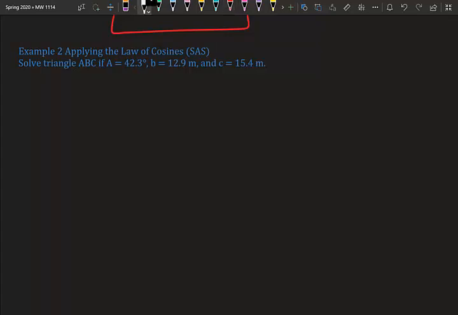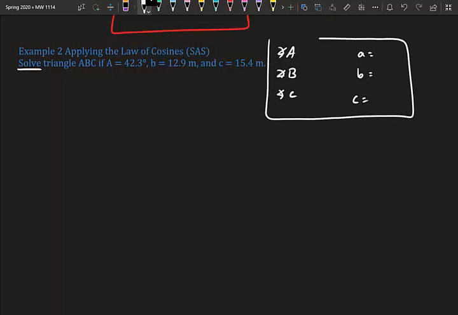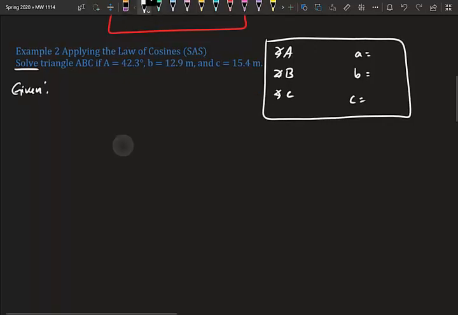So since we're trying to solve that triangle, we need to find angle A, angle B, angle C, side A, side B, and side C. So that's what we need to find and have to solve this triangle. All right, let's figure out what we already have right now. So we are given angle A, which is 42.3 degrees.